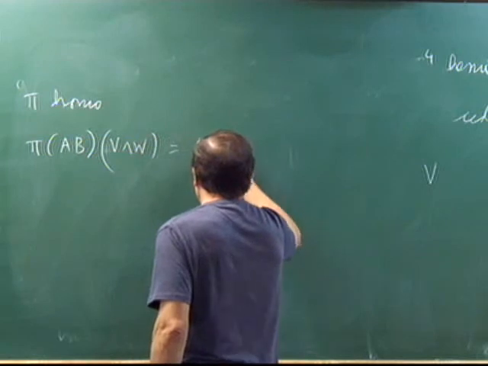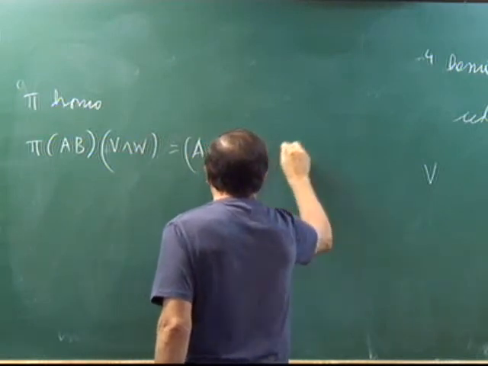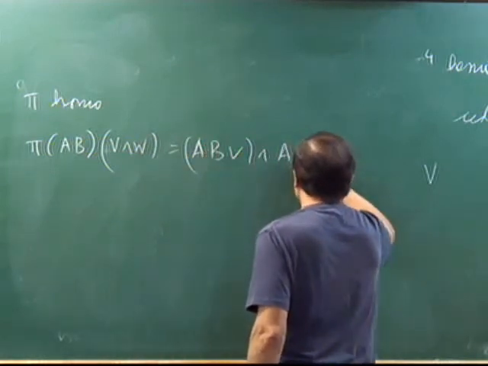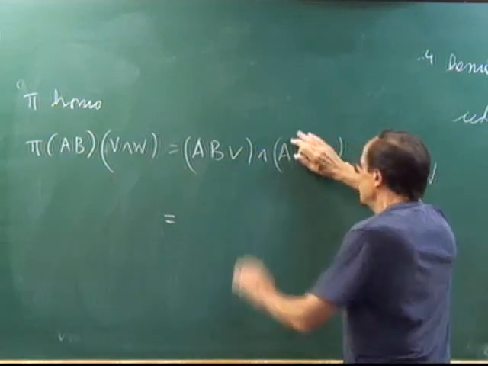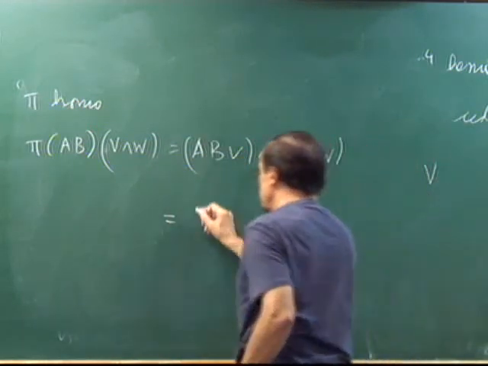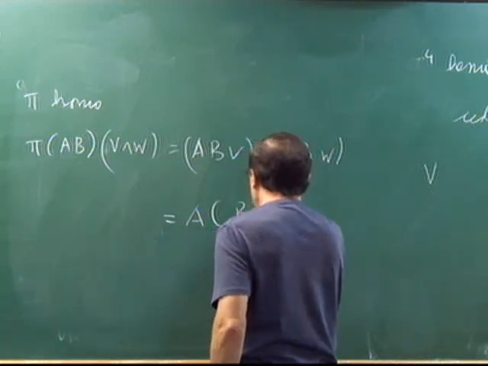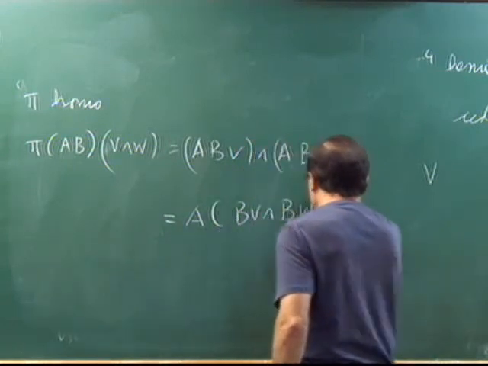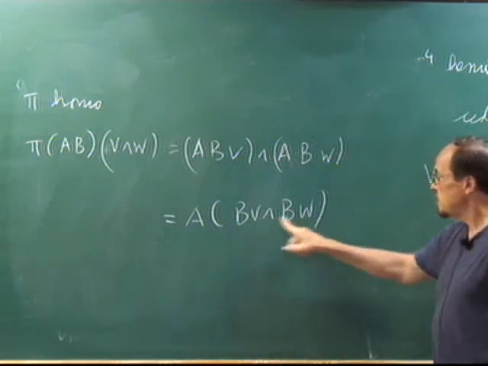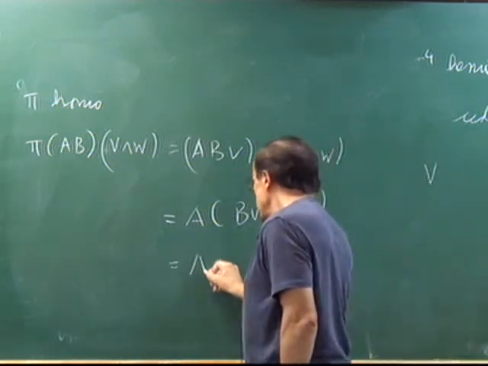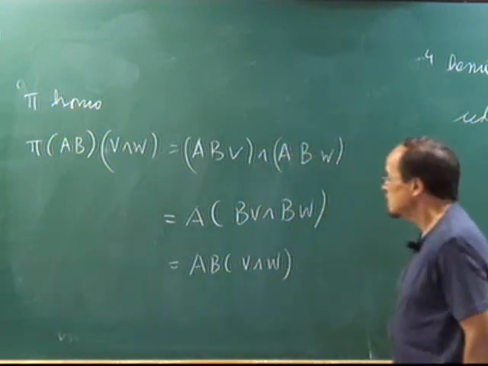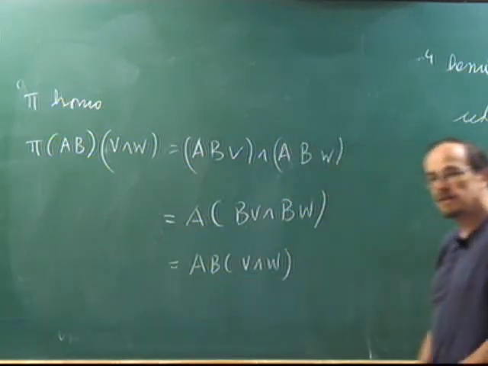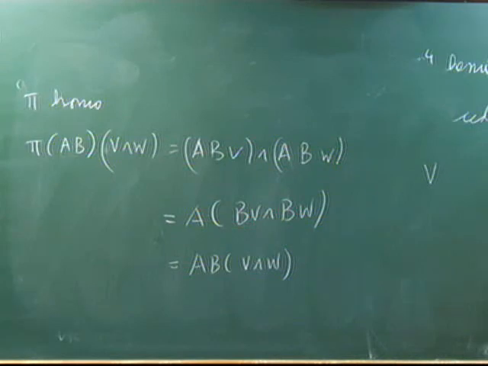I take AB V wedge AB W. Okay, I can break that up. First, take out the A. So that's A of BV wedge BW. And now I can take the B out. So that's AB of V wedge W. So pi of AB is pi of A times pi of B. So it's a homomorphism.